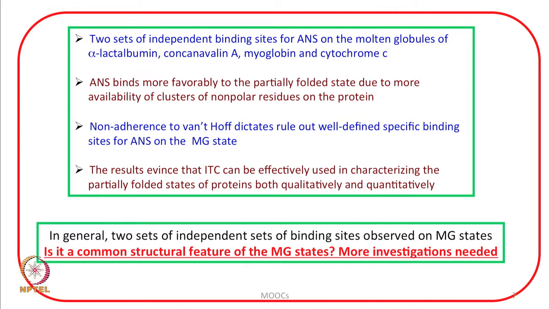The examples that I presented in this lecture suggest that in general there are two sets of independent binding sites observed on the MG state. And the molten globule state which I am referring to in these examples are the ones in which the tertiary structure is lost, but the secondary structure is intact.